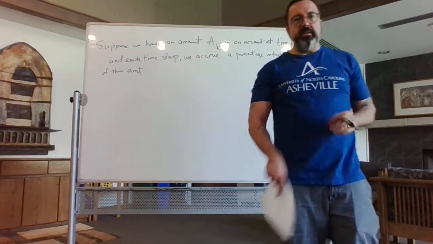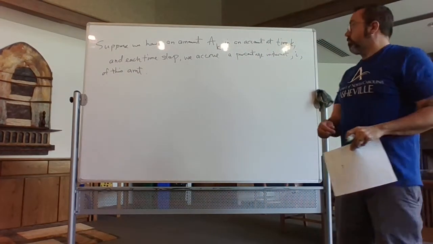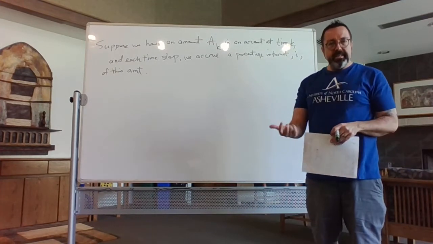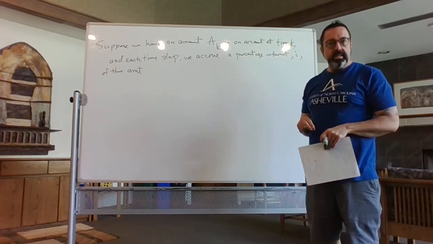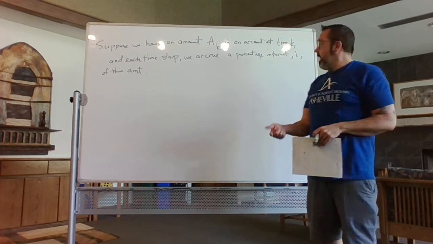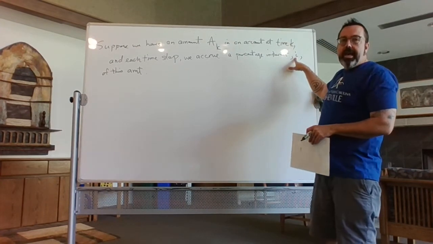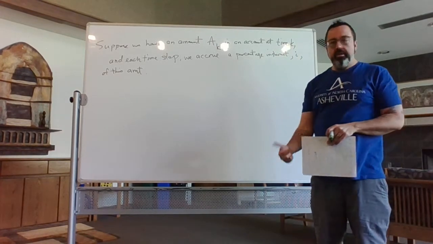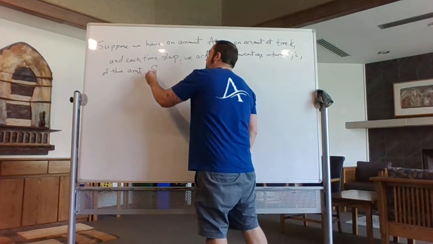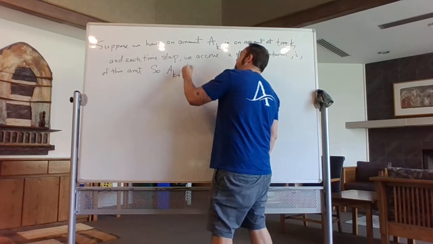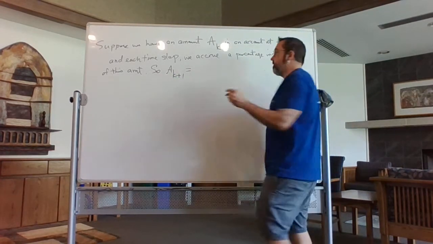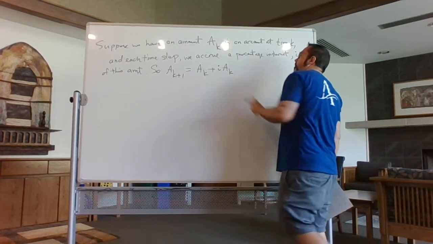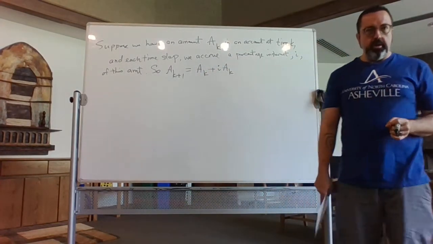And what that means is, the more we have in the account, the greater the percentage interest, right? If we express the percentage interest as a decimal, the more we have in the account, the greater will be given as interest, right? Some amount I times the amount in the account. So at the next time step, A sub k plus 1, we have the original amount plus some percentage times the original amount.